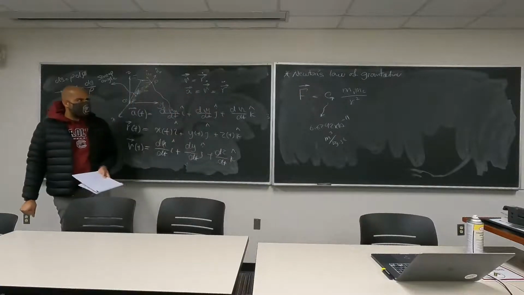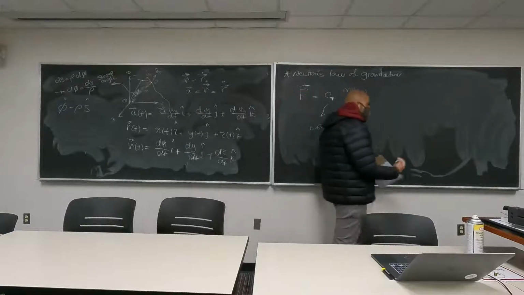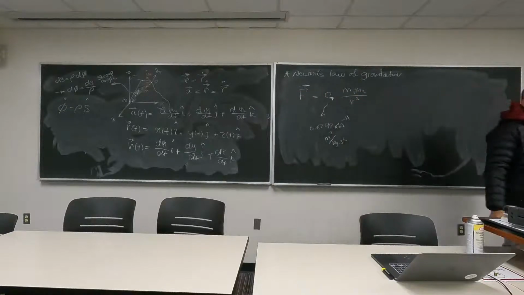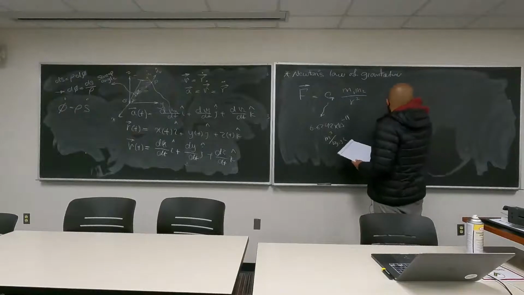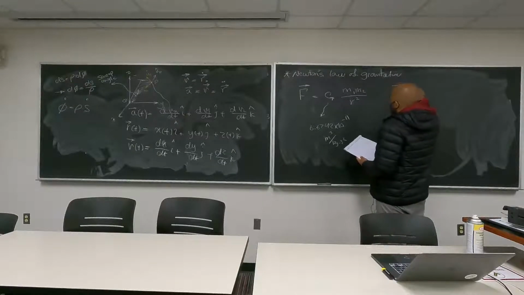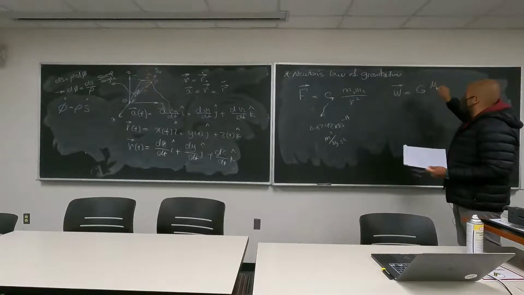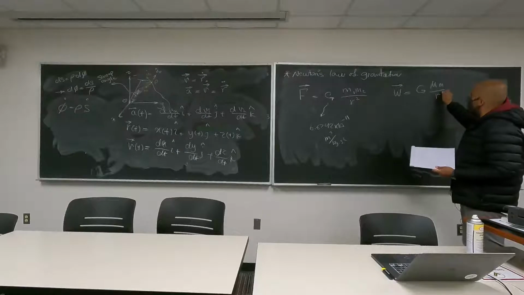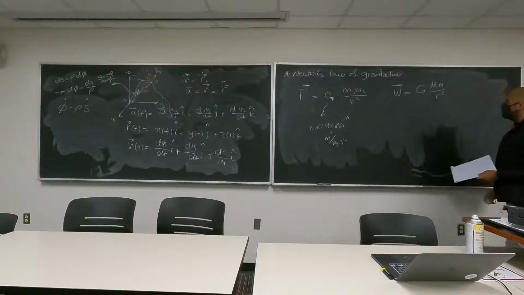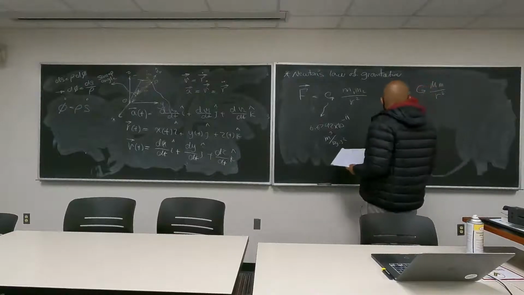If one of the masses is much bigger than the other mass, you are essentially calculating the weight force. We are going to call this force the weight force. And we are going to show the larger mass with capital M, the smaller mass with small m, and the distance between the centers of the two is going to be equal to r.